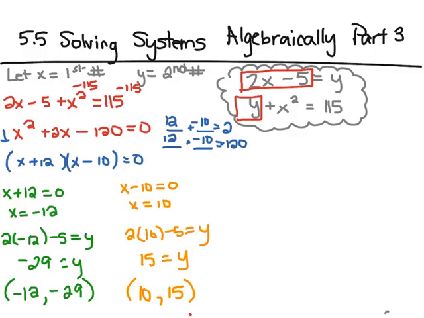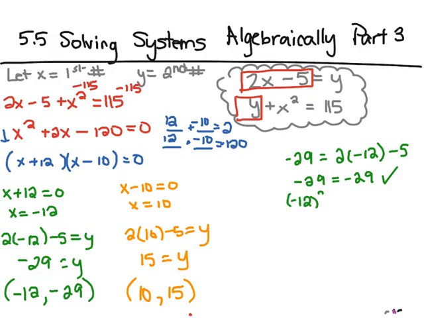And we could check this by testing. So let's do that quickly. Let's test the first one. So negative 29 is equal to 2 times negative 12 minus 5. So negative 29 equals negative 29. This one works.